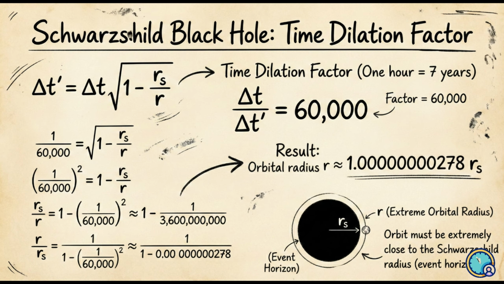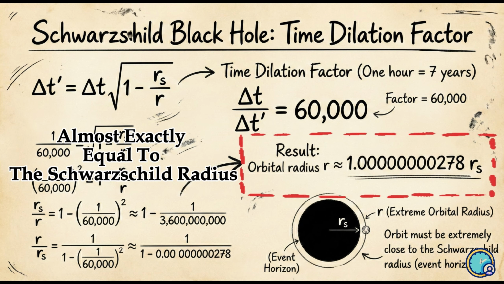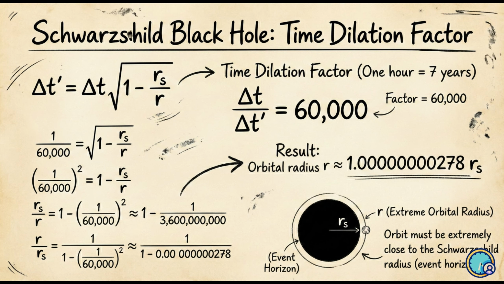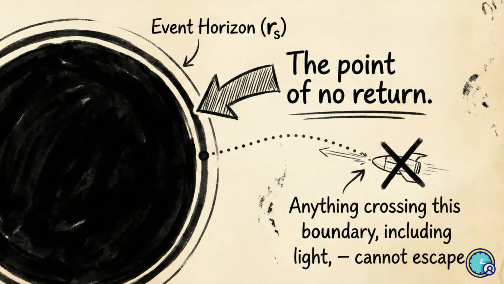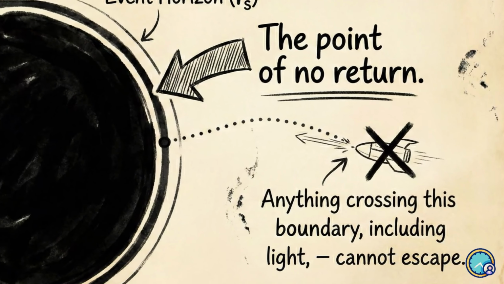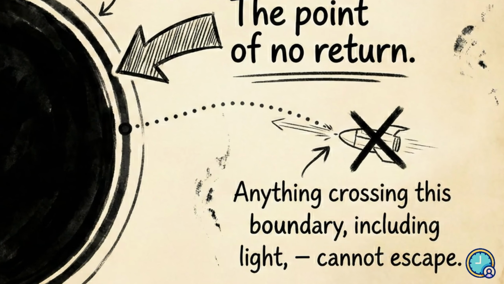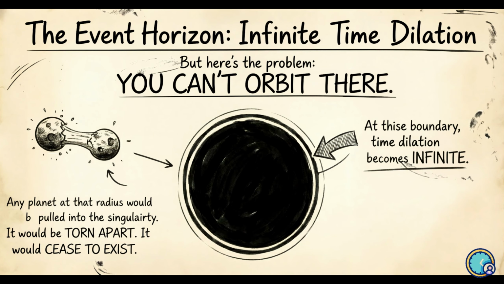Schwarzschild radius divided by r, approximately 0.999999997. Miller's planet would need to orbit at a radius almost exactly equal to the Schwarzschild radius itself. That's the event horizon, the point of no return. At the event horizon, time dilation becomes infinite.